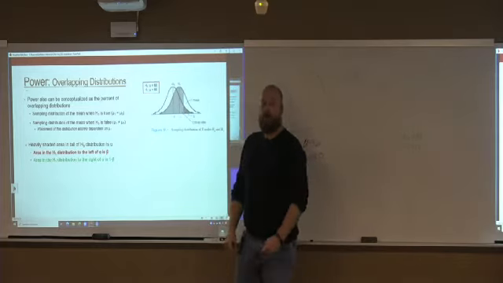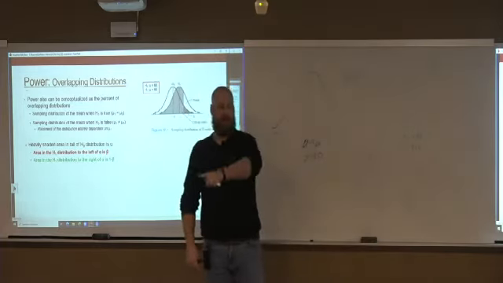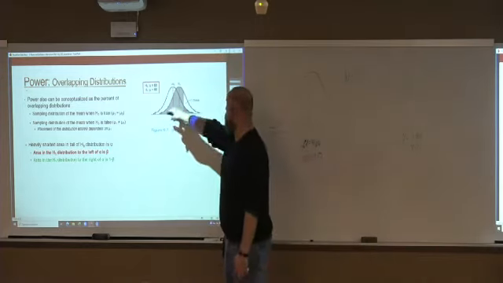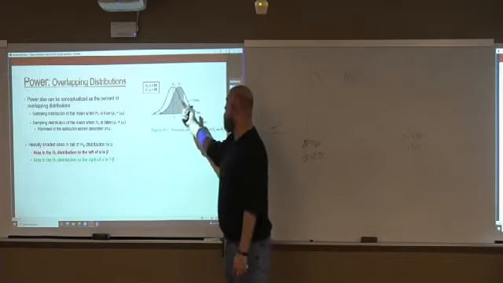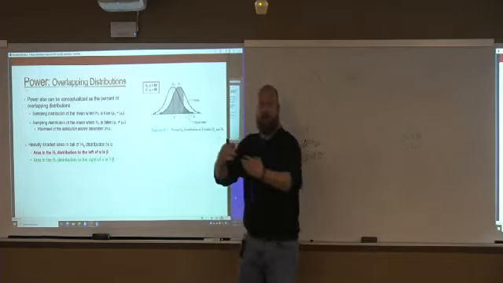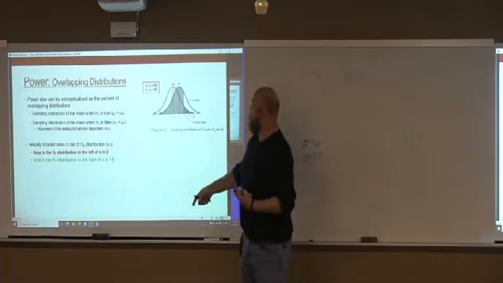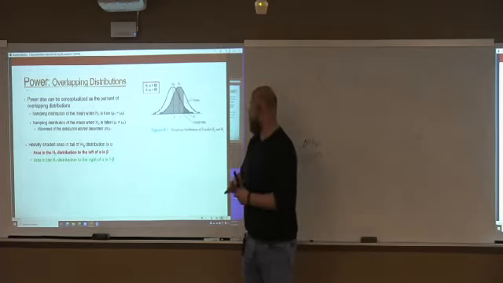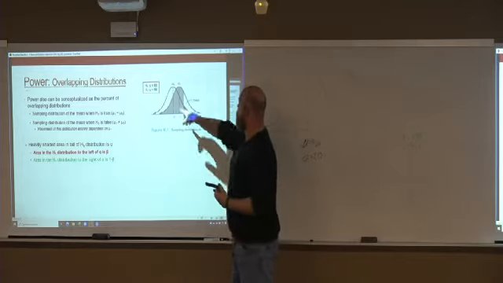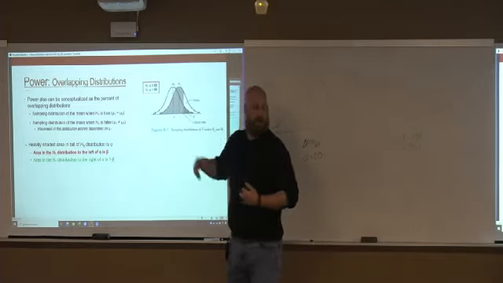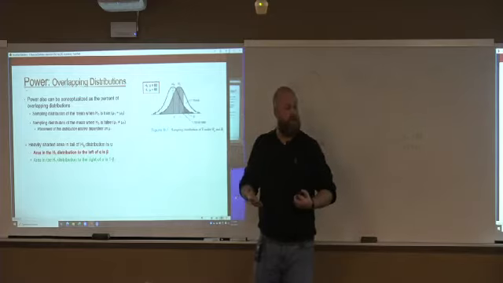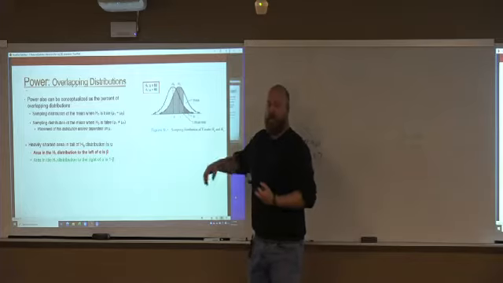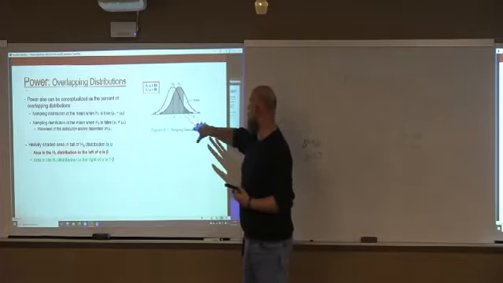If I plot out the sampling distribution of means for the null, and then I calculate the sampling distribution for the alternative, where it's overlapping but not distinct, what we see is that because these are overlapping distributions, on the alternate curve, because that's reality, that's actually what's going on in the population, if I were to take a sample from that distribution, right?